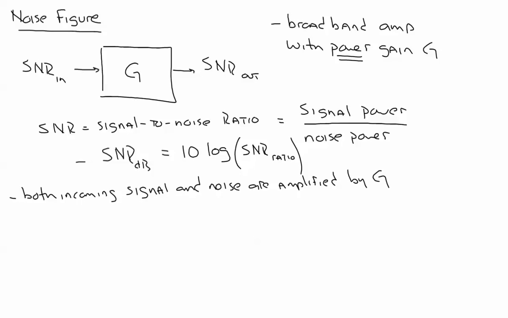Both the incoming signal and noise are amplified by G. Amplification doesn't improve signal to noise ratio.